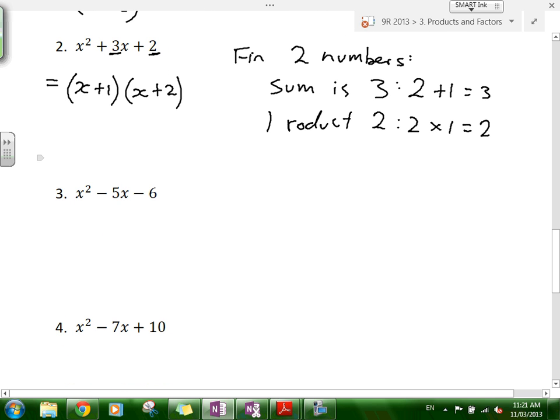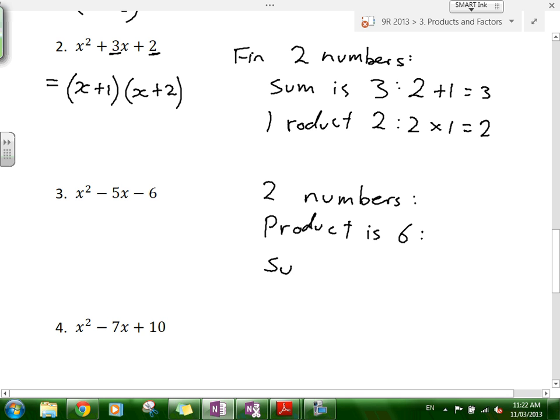Next one we have here, x squared minus 5x minus 6. So you need to find two numbers. What does the product of these two numbers have to be? The product is 6.